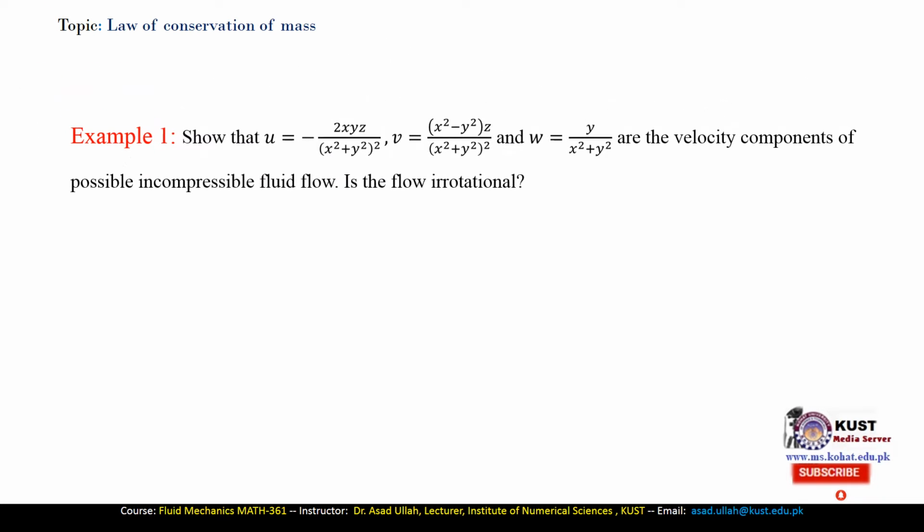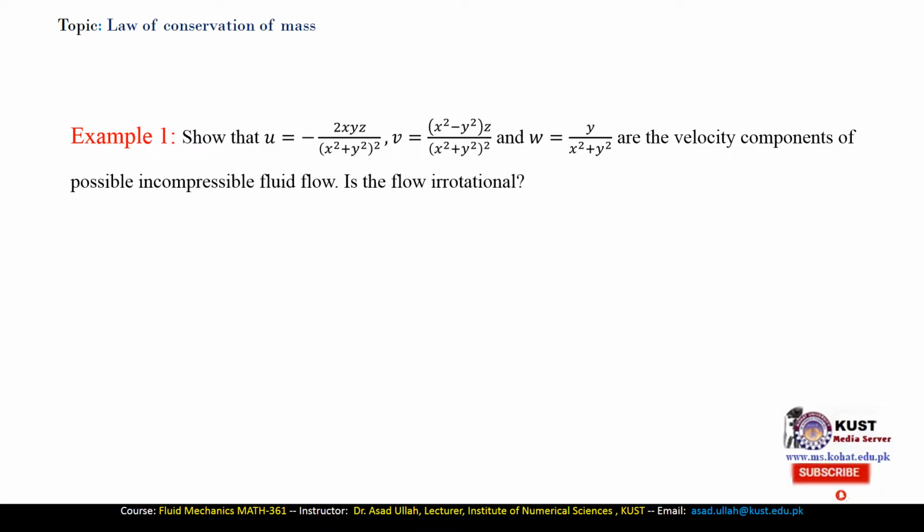Now to understand the use of equation of continuity, here I am presenting a simple example. Show that u, v and w are the velocity components of a possible incompressible fluid flow. Is the flow irrotational?